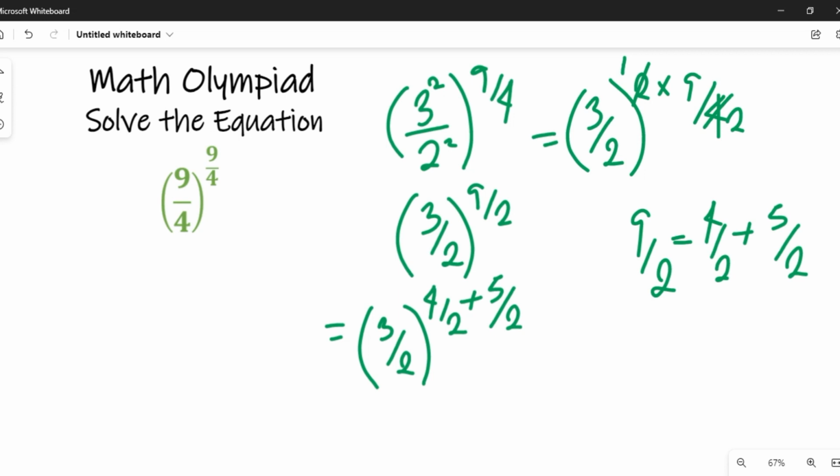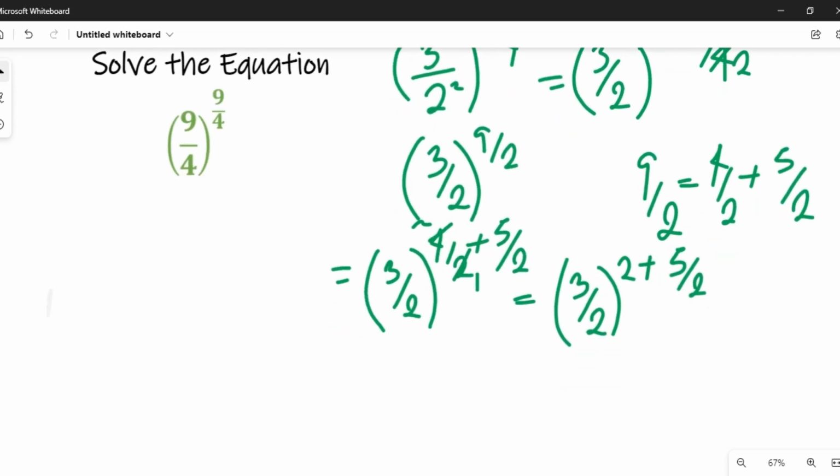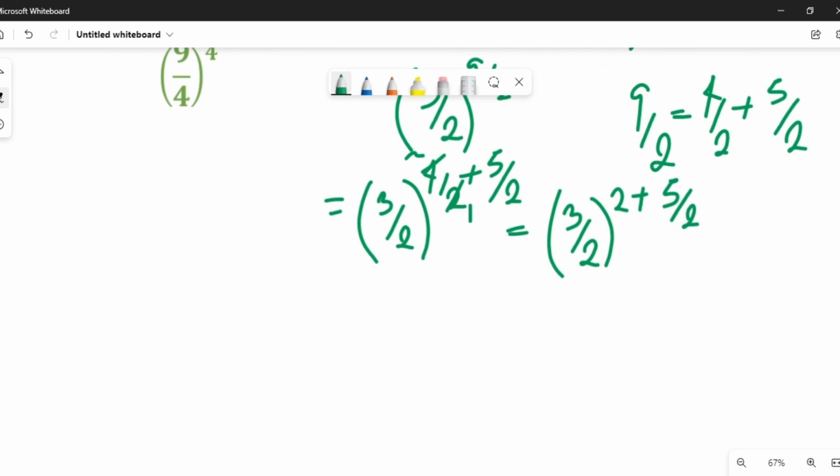This value gives us 2, so we have (3/2) raised to power 2 plus 5 over 2.